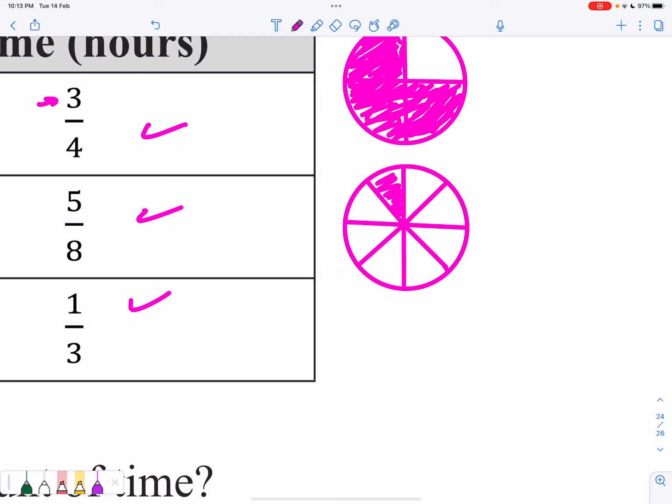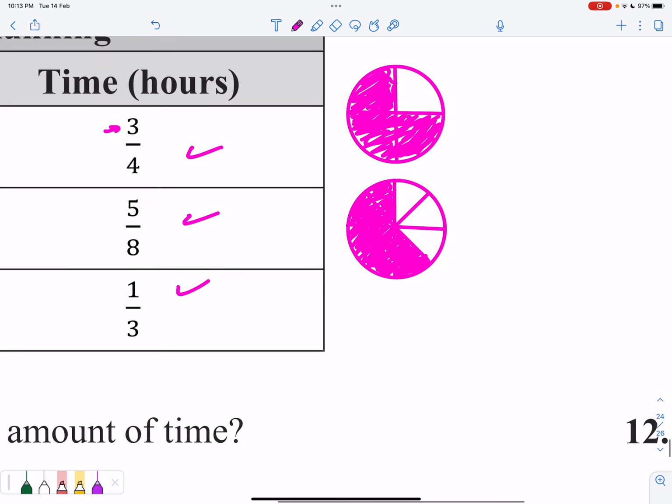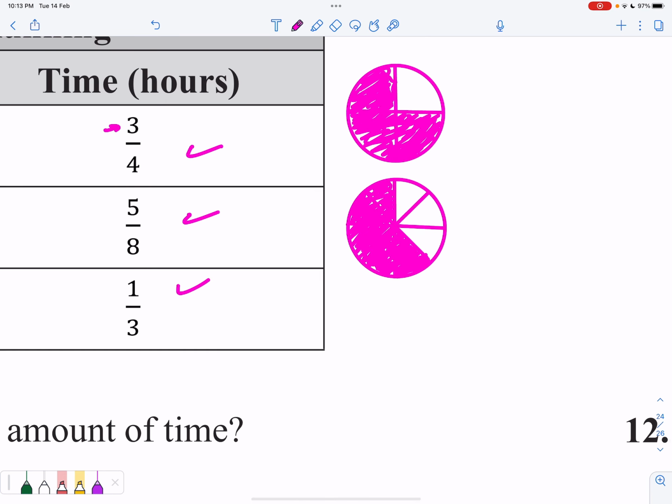This is 1, 2, 3, 4, and 5. Like that, okay? Now the last fraction says 1/3. So we need to draw a circle, cut it into 3 parts, and color just 1 part out of them.